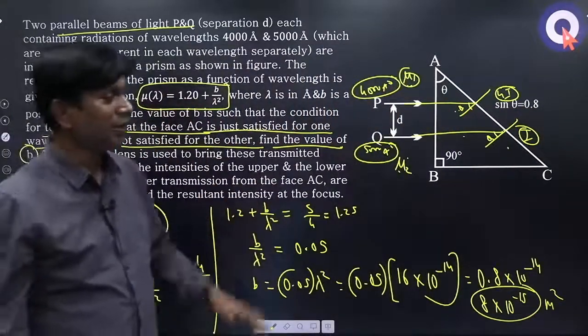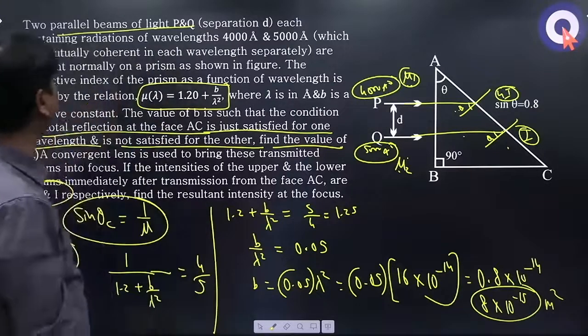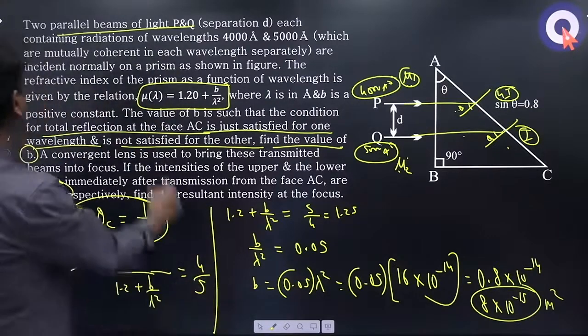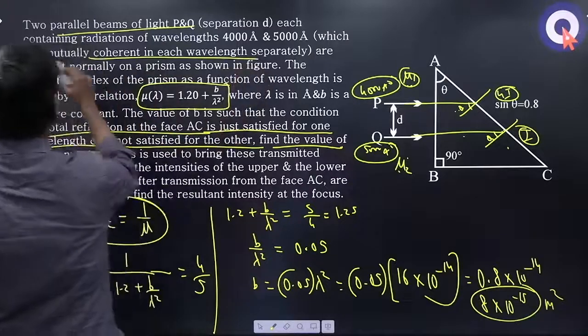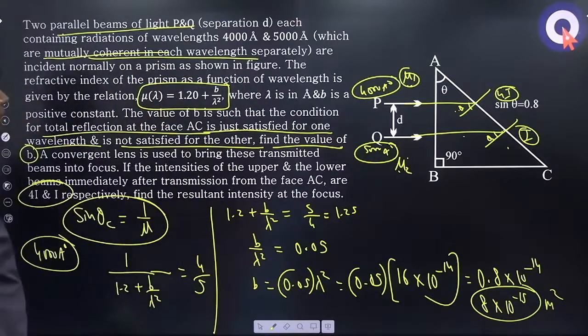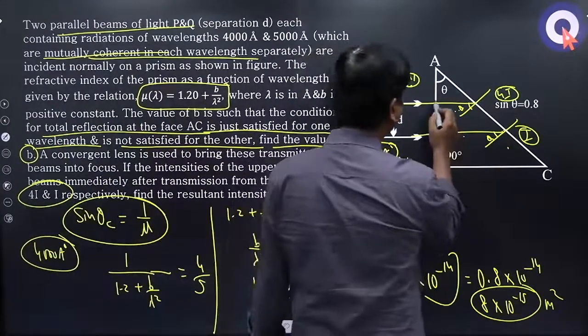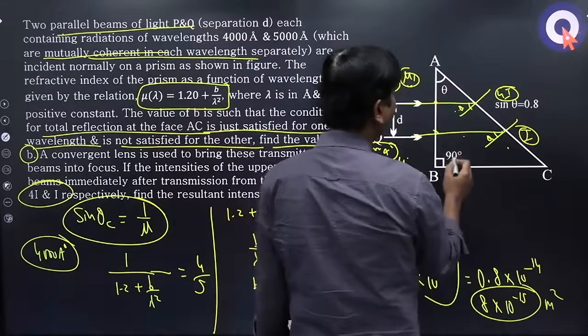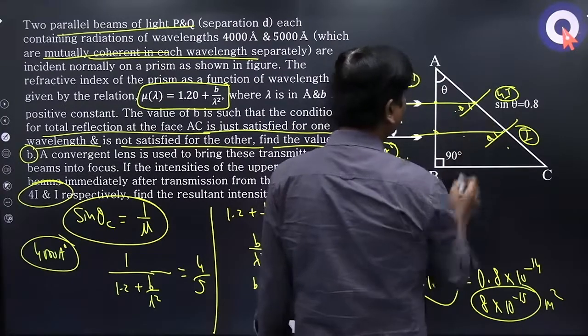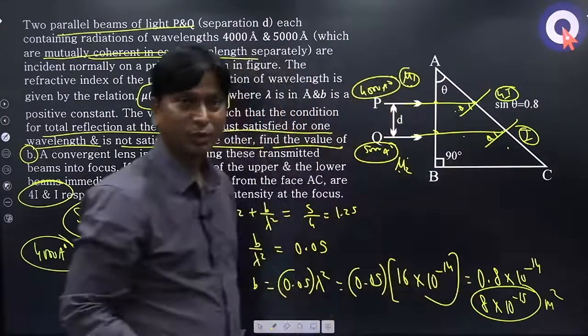Whenever you are trying to bring it to focus, it is clearly given that they are mutually coherent in each wavelength separately. So when they are coherent, by the time this wave comes here, this wave will come here. Right or not? Coherent.